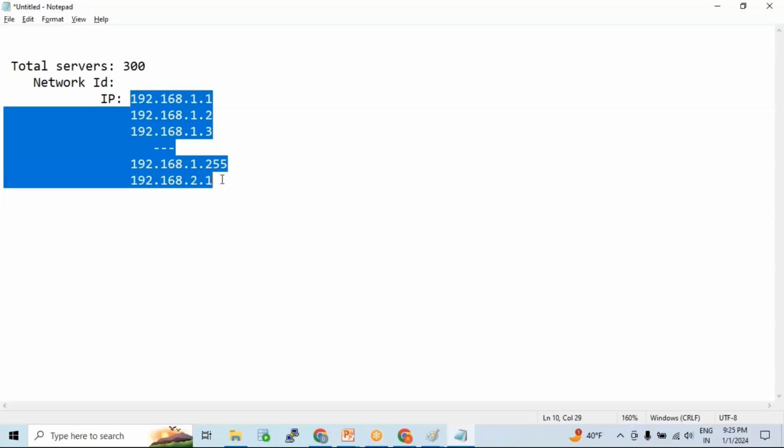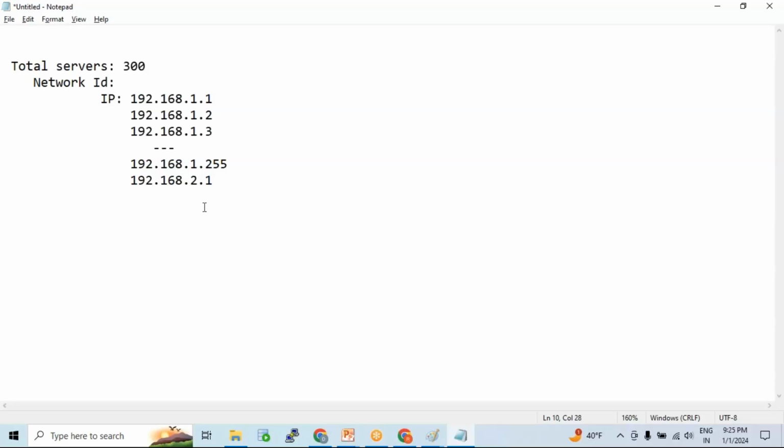If you ask me now whether 192.168.1.1 and 192.168.1.2 belong to the same network or not, I would say I don't know at this time, because without knowing the network ID of these IP addresses, we can't tell the answer, correct? So we need a network ID for sure.